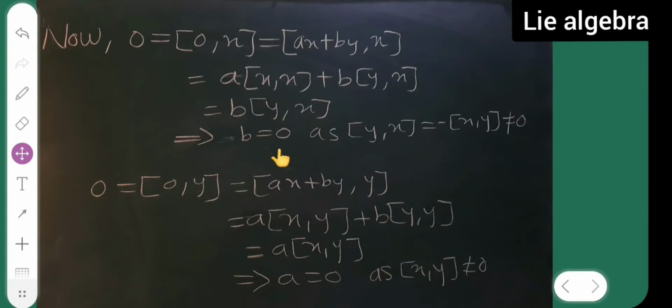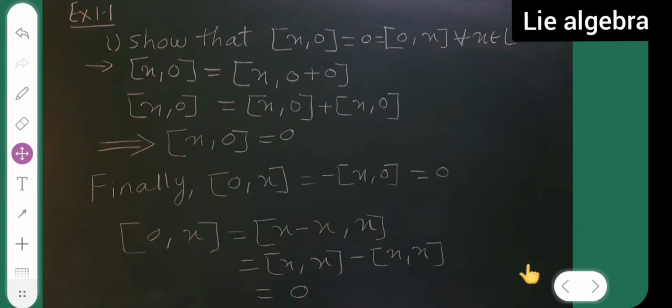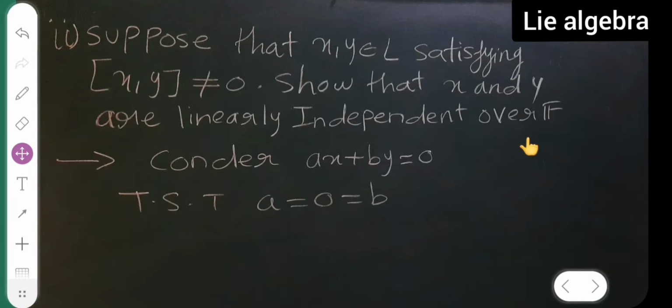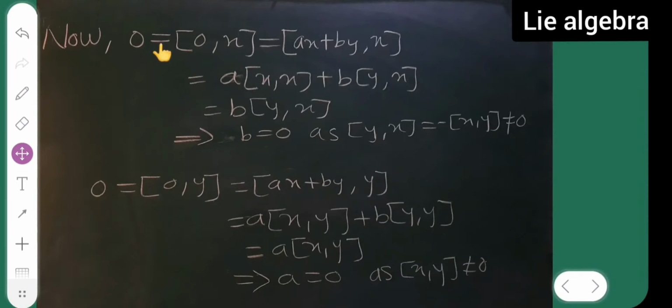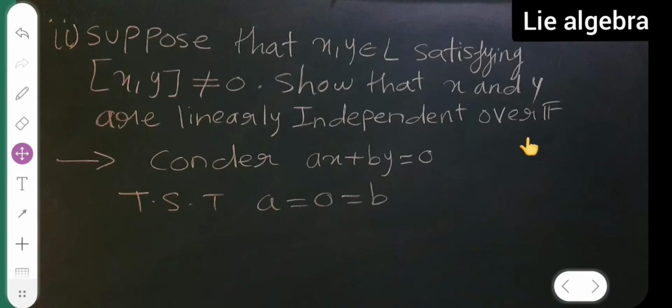So next, now 0 is equal to what? 0 comma x, which we have already proved in the previous proof, right? So 0 is equal to [0, x] from here, so I will use that property. So 0 is equal to [0, x], the Lie bracket of 0 comma x is equal to, now what is 0 in terms of?